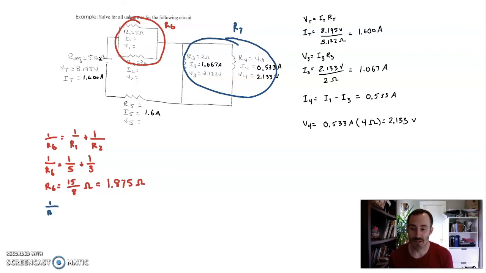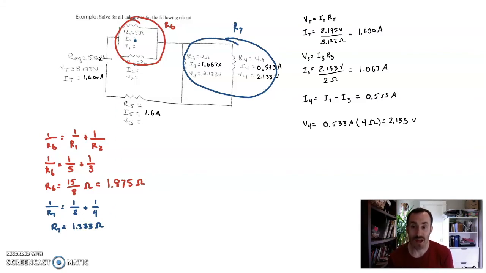Then I want to do R7. 1 over R7 is going to work the same way. So that's 1 over 2 plus 1 over 4. And so R7 is equal to 4/3, which is 1.333 ohms.